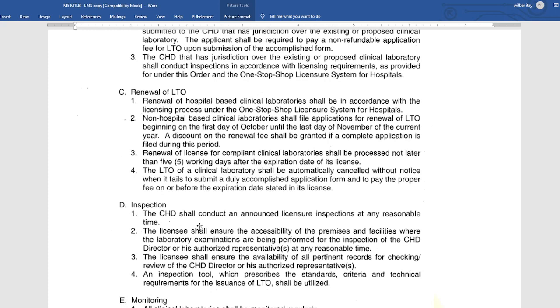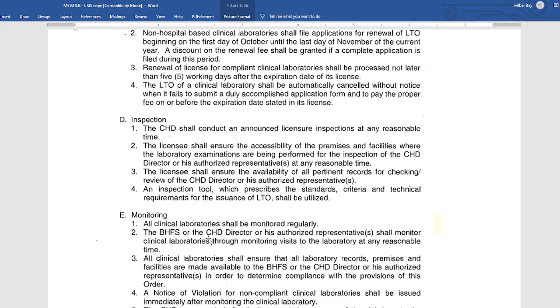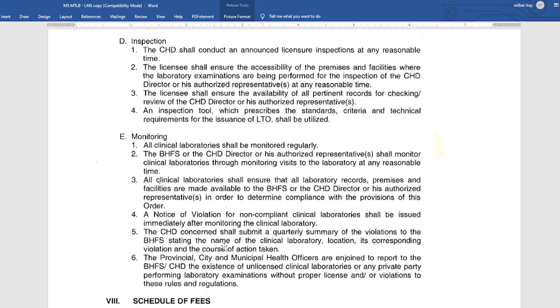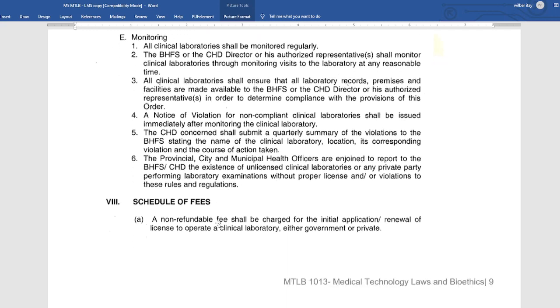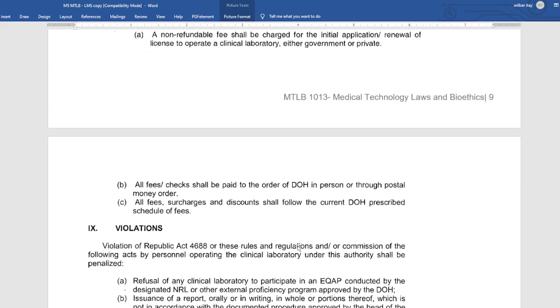The clinical laboratory is inspected and they are monitored regularly. Okay? Si BHFS or si CHD director, yung mga representative na, they will monitor the clinical laboratory. Pag may mga violation, mag-i-issue sila ng notice of violation. Okay, so you read for the fees, yan. So, binabayaran niya sa DOH.